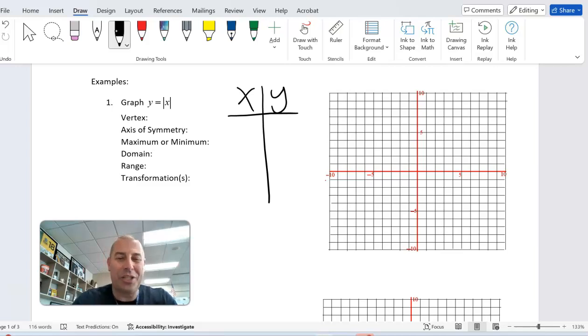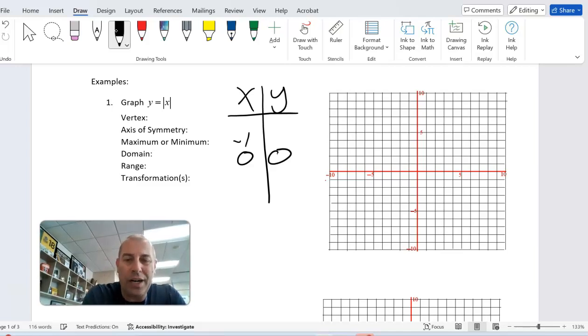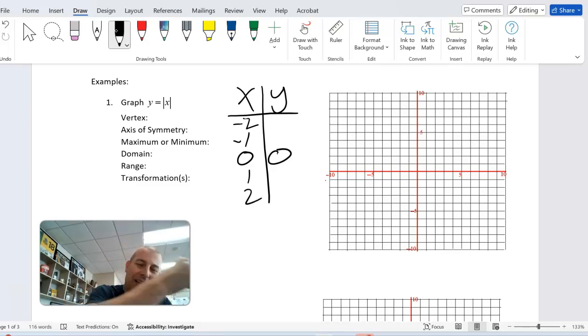Now, what numbers are we going to choose? Because this is referred to as our parent graph, it's just a plain old x. It starts at 0, the 0, 0, the origin. But then we're going to have things that go to the left and to the right. So regarding your x coordinates, we're going to go to the left 2 spots and to the right 2 spots.